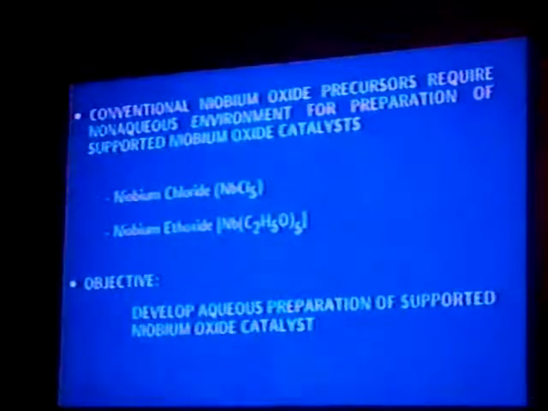Molybdenum oxalate and vanadium oxalate have been proven successful for aqueous preparation of supported molybdenum oxide and vanadium oxide. So we chose niobium oxalate for the preparation of supported niobium oxide catalyst.